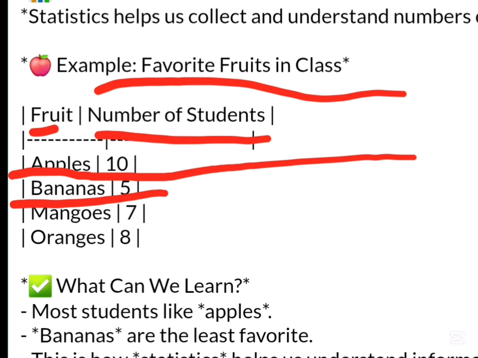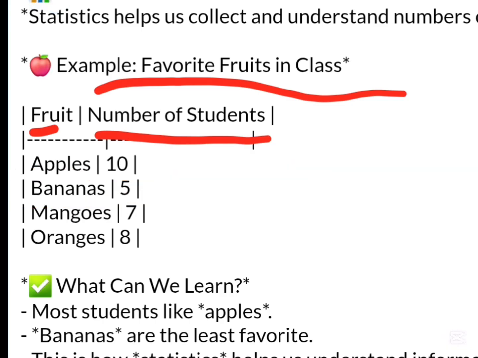What can we learn? Most students like apples. From this table, we see that apples are liked by 10 people, bananas by 5 people, mangoes by 7 people and oranges by 8 people. If I am asking which fruit is mostly liked by the students, we will see the number of students: 10, 5, 7, 8, and 10 is the biggest number.